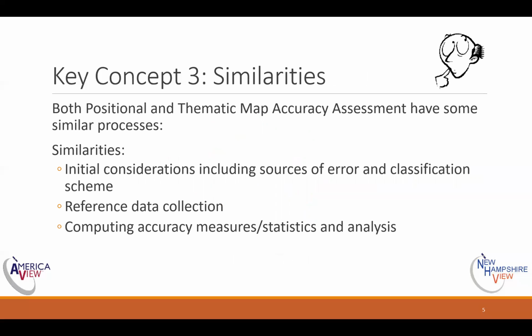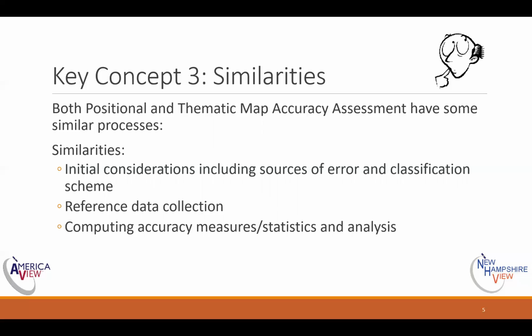These similarities include some of the initial considerations, like where the sources of error come from and the classification scheme. Obviously, the classification scheme is more important for thematic accuracy, but these days, a lot of positional accuracy assessments are done on LiDAR data or other kinds of data where it's been recognized that the position is highly dependent on the map class.